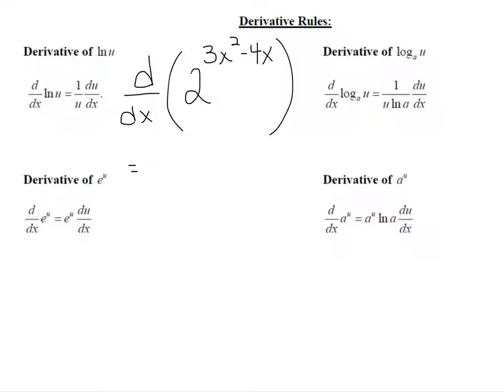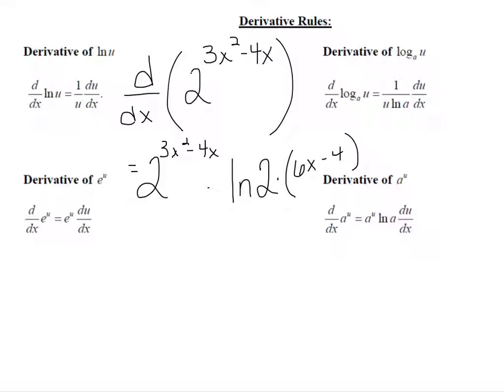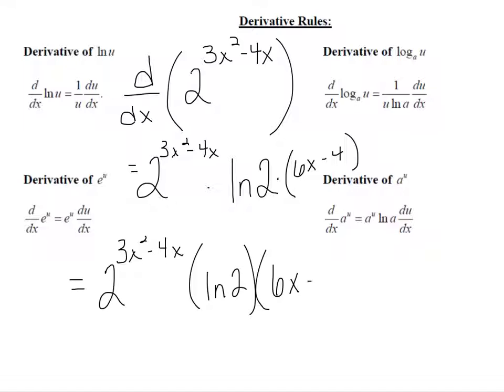The rule is keep the exponential times the natural log of the base times du dx. So the derivative of the inside is 6x minus 4, and we can't clean that up at all. We would just keep it as 2 to the 3x squared minus 4x times natural log of 2 times 6x minus 4.